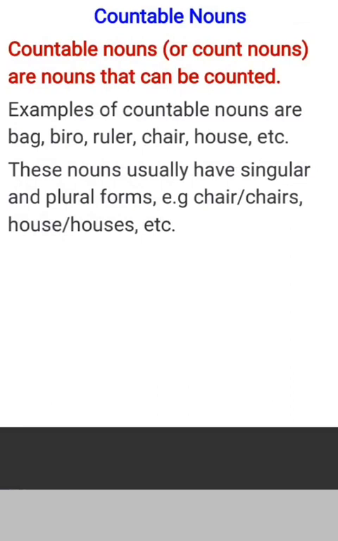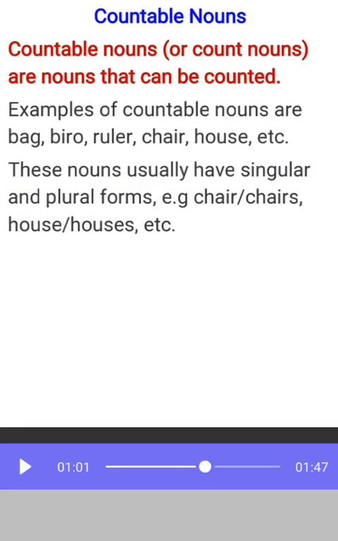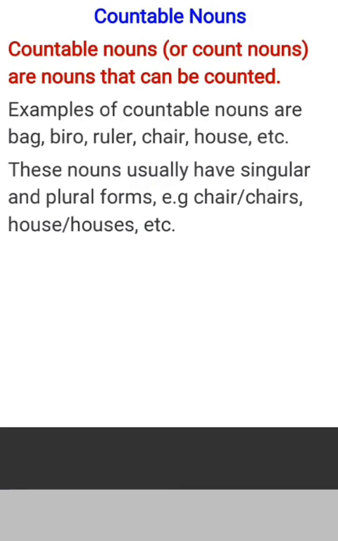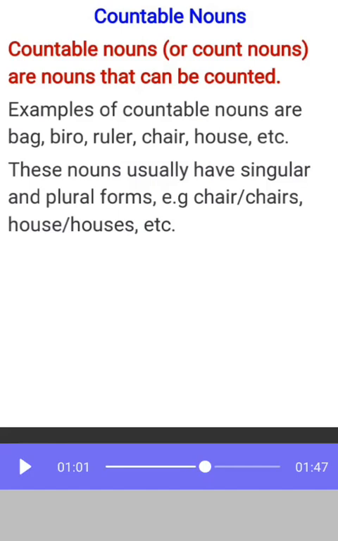Examples of countable nouns are bag. You can count bag. 1 bag, 2 bags, 3 bags, 4 bags. Biro, ruler, chair, house in the form of building. These things can be counted, and so they are countable nouns.